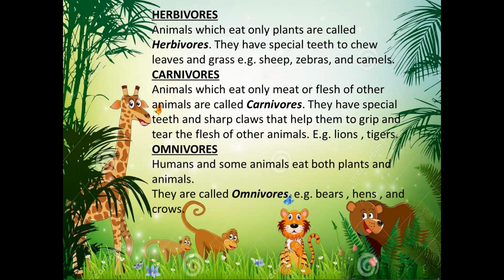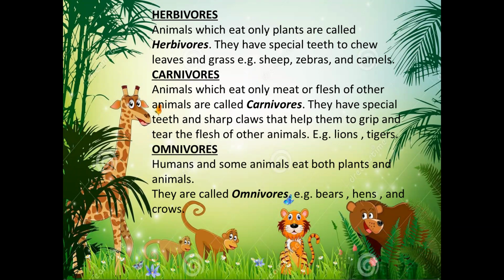Carnivorous animals have special long, sharp teeth, because they have to hold the other animal and grip it strongly, and after hunting it, tear its flesh. In this way, they are able to eat the flesh of other animals. So carnivorous animals have very sharp claws and sharp teeth to do this job. Examples of carnivores are lions and tigers.